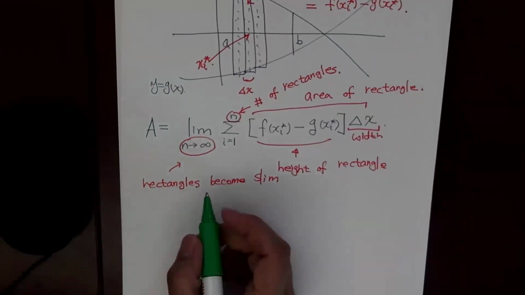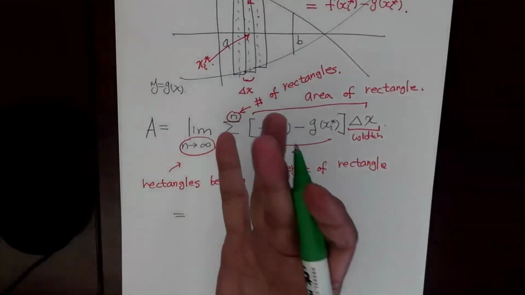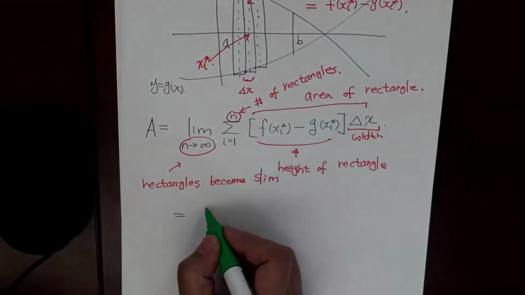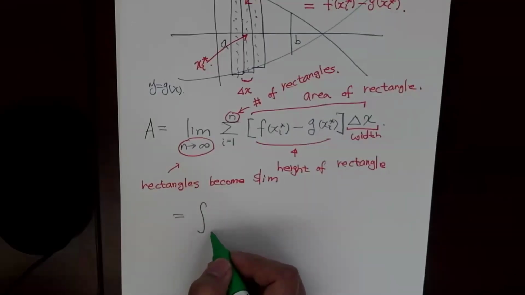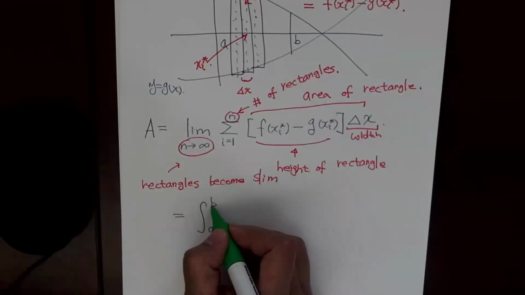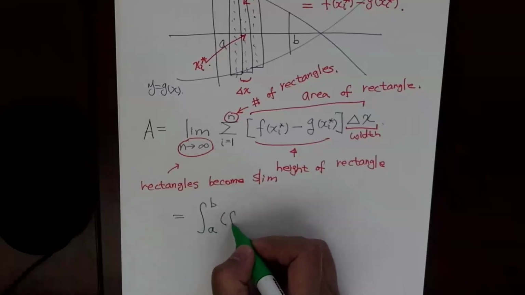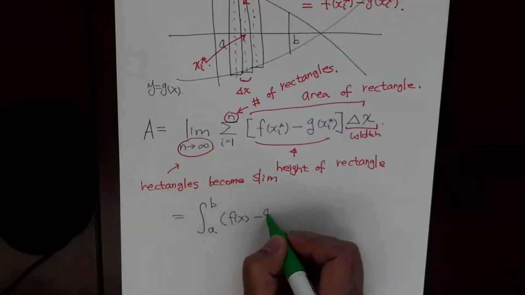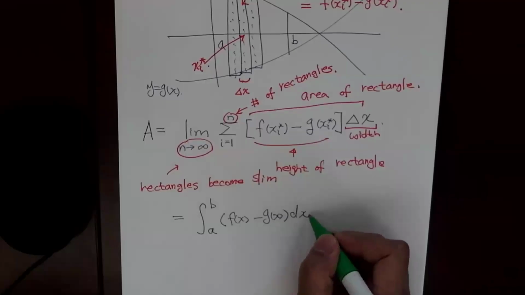When this is the situation, the limit and summation is converted to the stretched S, which we called integration. And we write the lower bound and upper bound, and then f of x minus g of x, and then dx.